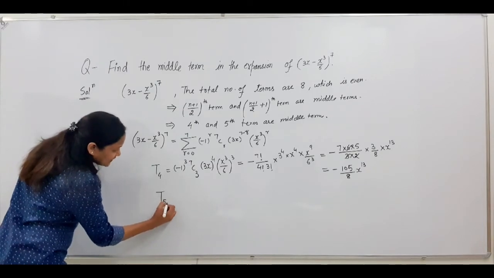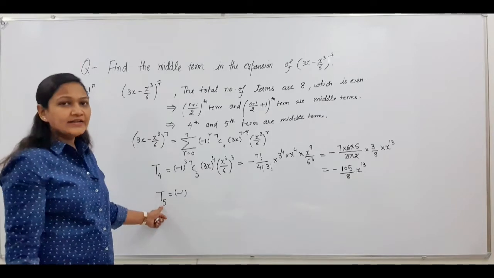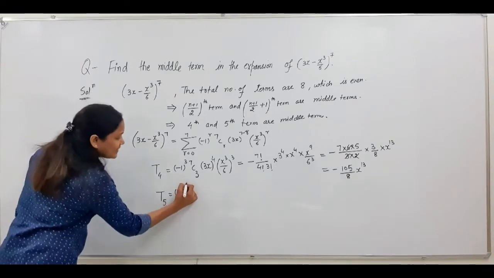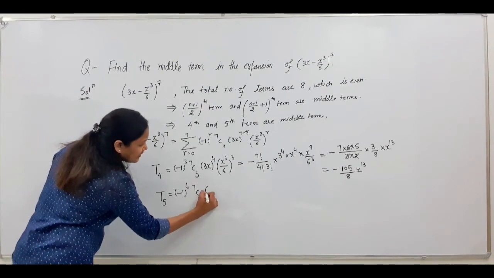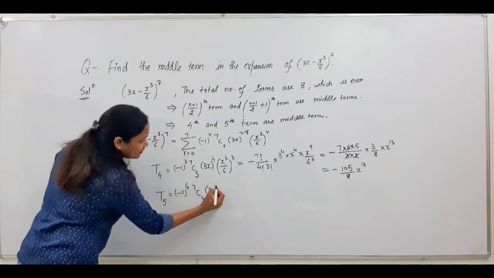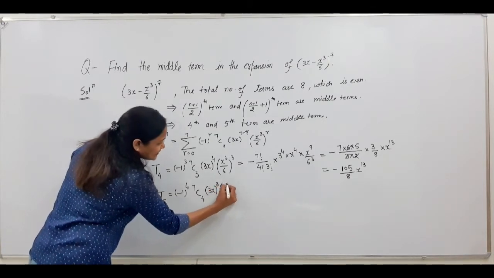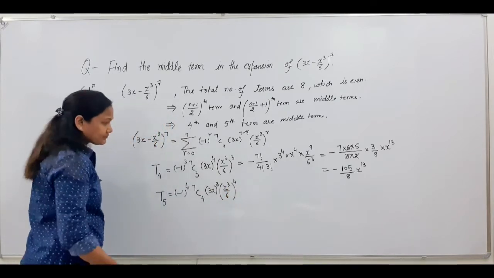Now let's try to find out the fifth term. In the fifth term your r is 4. So minus 1 raised to power 4, 7c4, (3x) raised to power 7 minus 4, that is 3, and (x cube upon 6) raised to power 4.